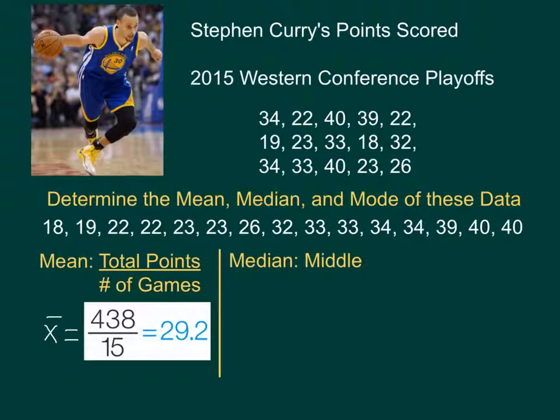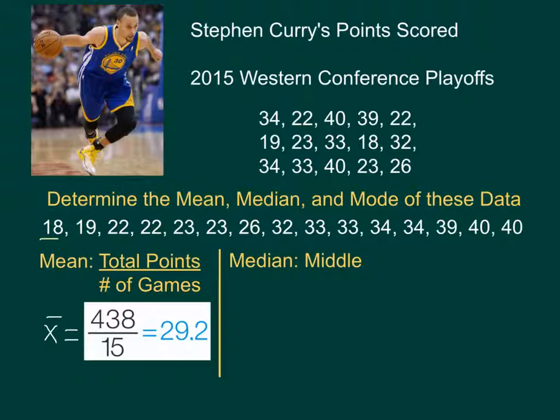The median, which is the middle number of the data set written in numerical order, is pretty easy to find here because we have 15 data points, which is an odd number, so we're just going to search for the middle number. So from left and right, we're both going to come in the same number of times.